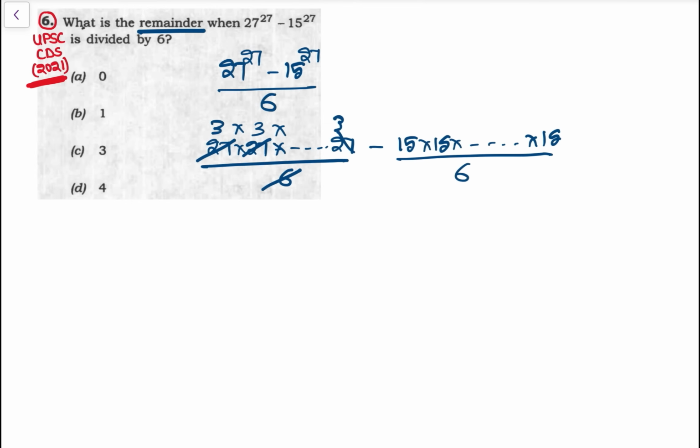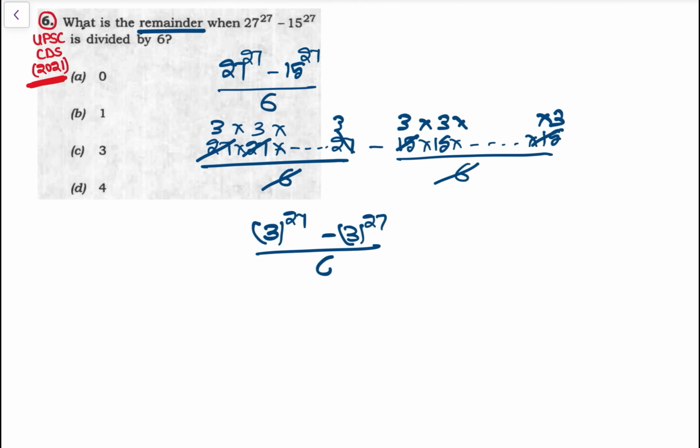See, here is 6 2s are 12. So here also 3 into 3 into so on into 3. So this is what? 3 to the power 27 minus 3 to the power 27 divided by 6.